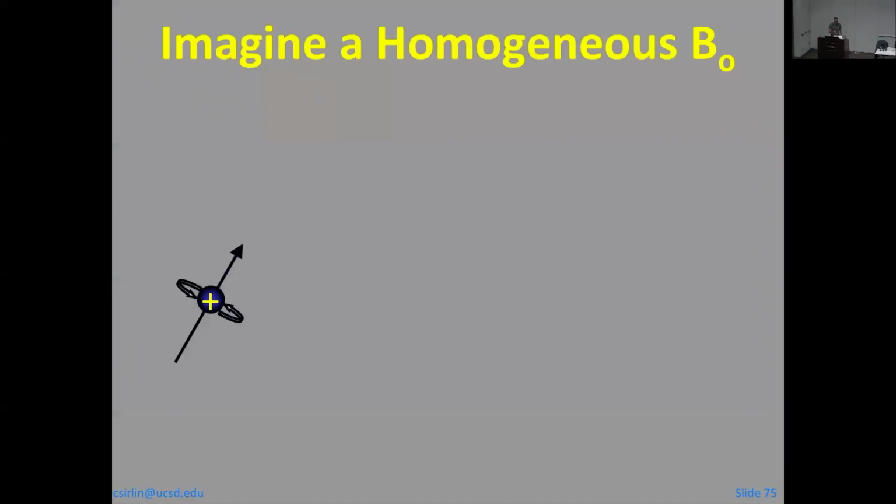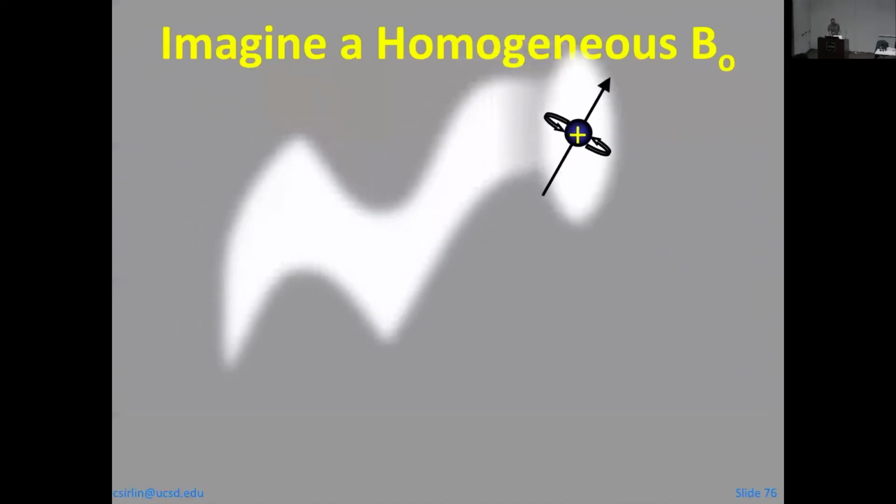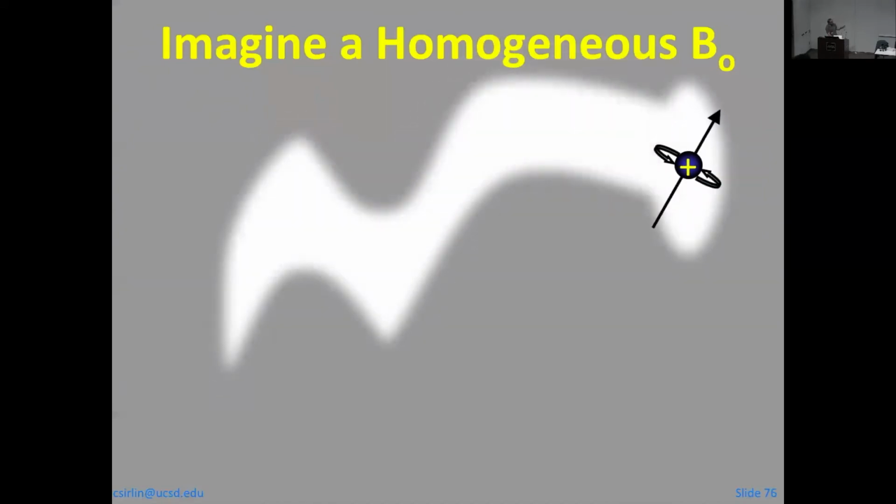So let's imagine a perfectly homogeneous magnetic field illustrated by this gray slide background, and we take this one proton that has a positive spin to it, positive amplitude, and because it's positive, it's going to add to the magnetic field. So I'm going to put this sort of white cloud around it to indicate it's adding to the magnetic field. Now this proton is going to move around. And as it moves around, everywhere it goes, it increases the magnetic field by just a little bit.